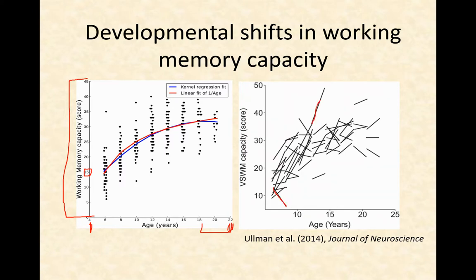Here's somebody whose working memory capacity started off really high, but then got even higher. So when you think about your students, yes, in general they're going to follow this increasing, sloping trend, but individually, there is a lot of variation that goes into this gradual increase.